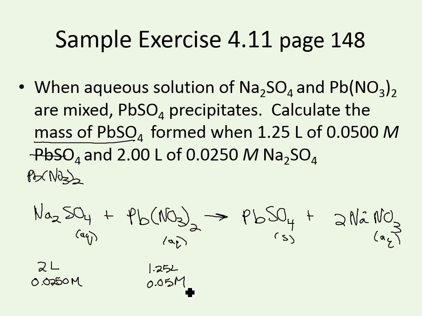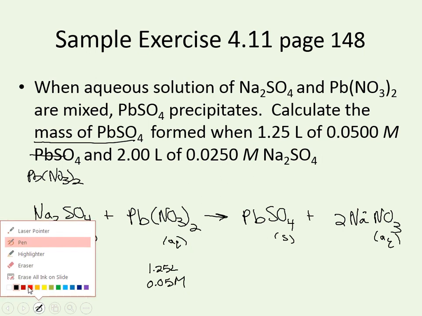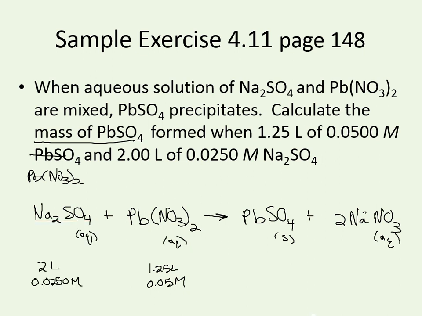So using M times V for each, I'm going to figure out how many moles I have, and let me just change colors so you can follow it perhaps a little bit more easily. So using M times V equals N, I know I have for sodium sulfate 0.05 moles.